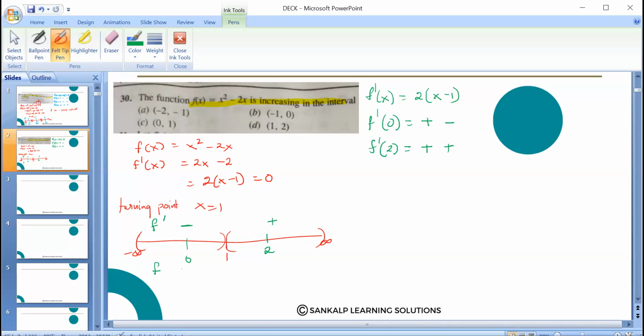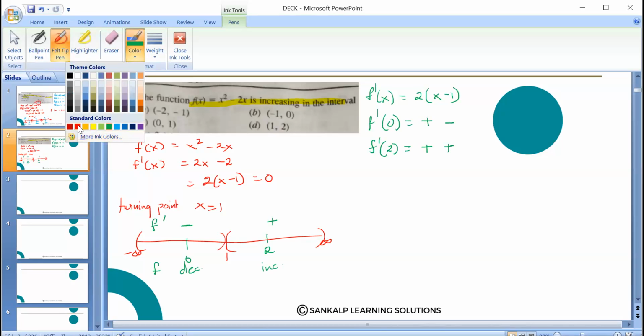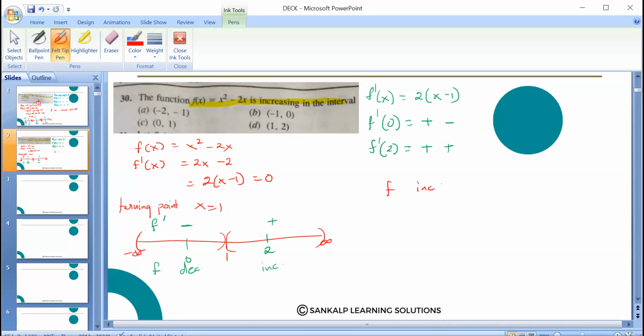Wherever f dash is negative, there f is decreasing. Wherever f dash is positive, there f is increasing. So you can see and write f is increasing on the interval 1 to infinity.